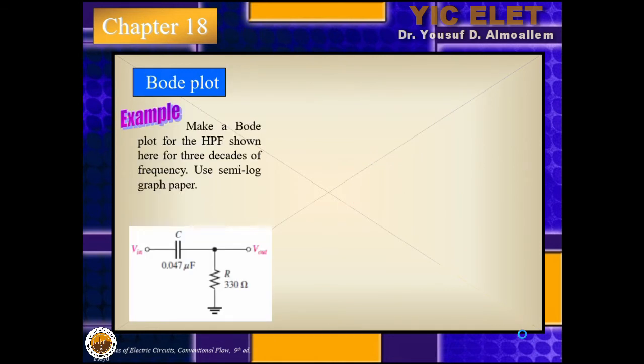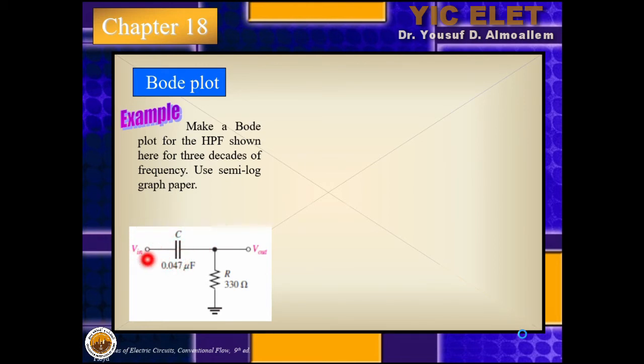Okay, now let's take another example here. I want to plot the Bode plot of this circuit. So first step is to decide the shape of this filter. If you recall, this filter is a high pass filter because when the frequency goes to infinity, this becomes a short circuit.